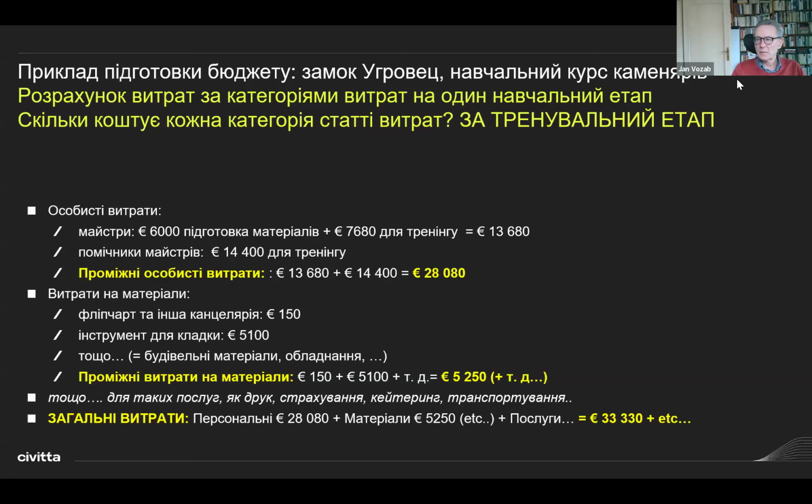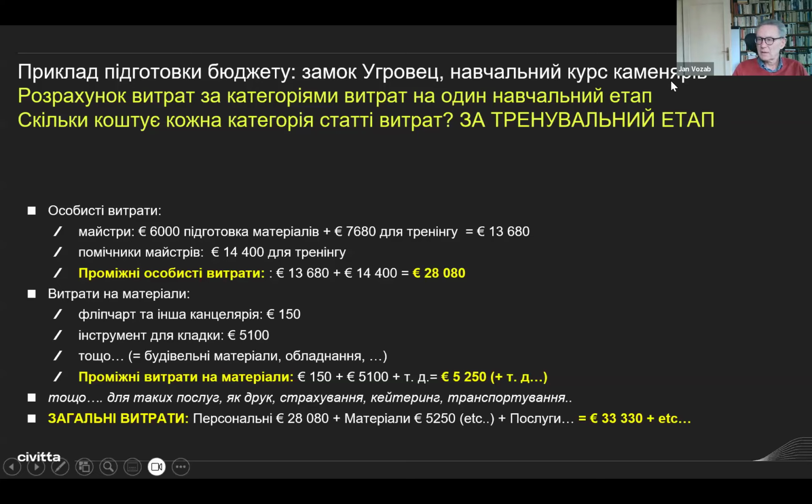So the trainers will cost you 6,000 euro for preparation of training materials, and then they will cost you 7,680 euro for actually delivering the training to the trainees. Assistant trainers will cost you 14,400 euro for training delivery, for assisting the trainees and guiding them through the whole training round. So the subtotal personal costs are costs of the trainers and assistant trainers.